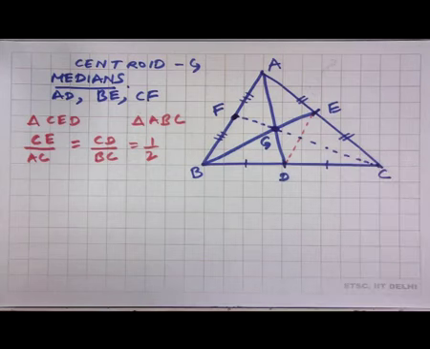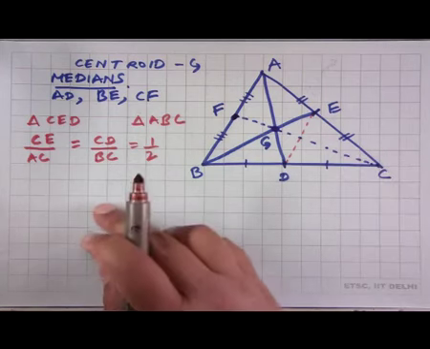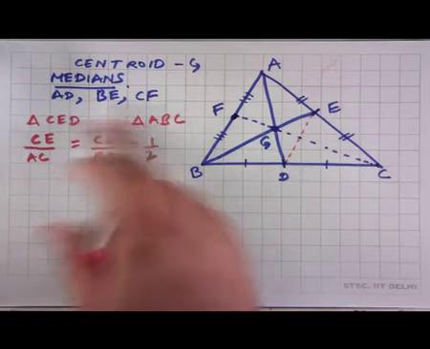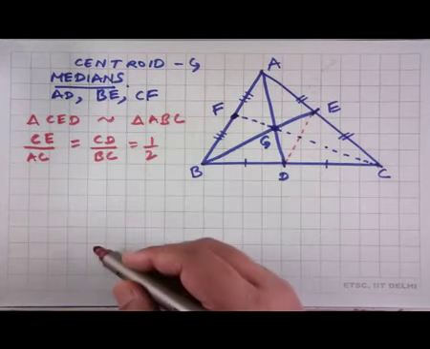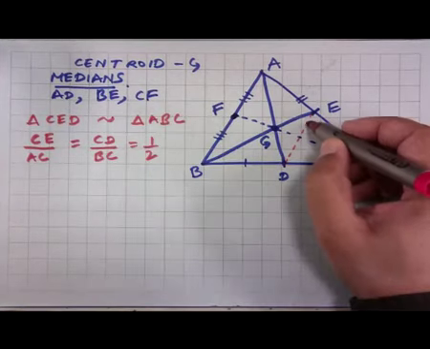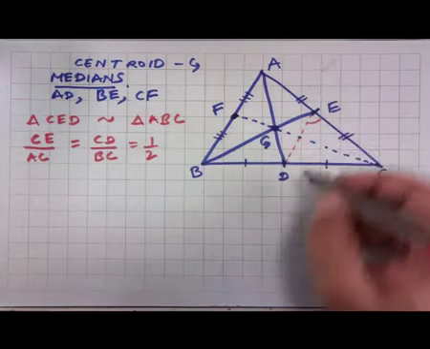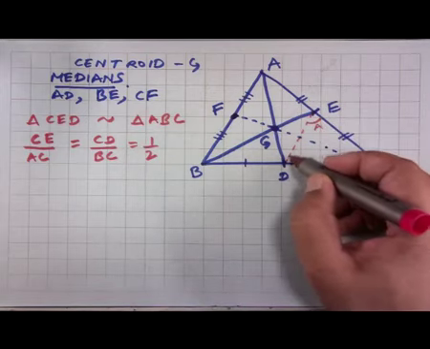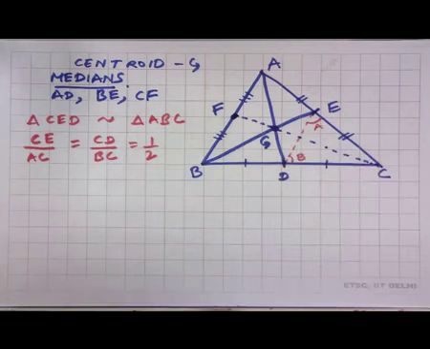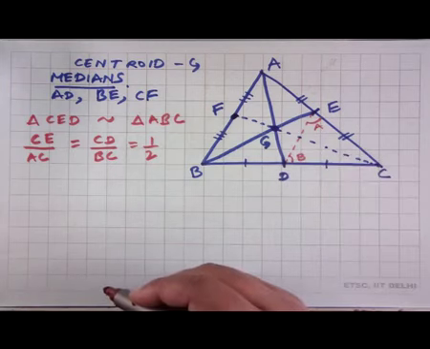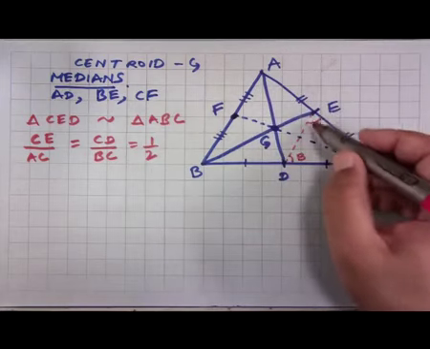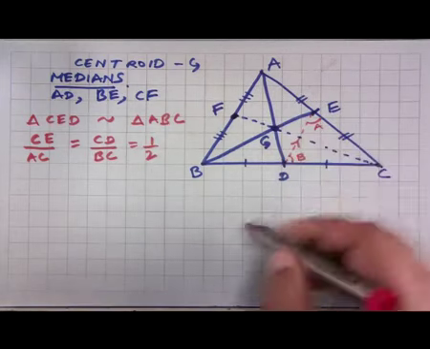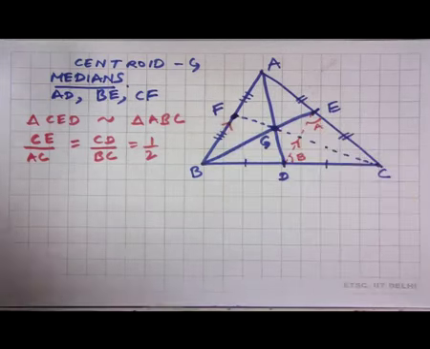So, what that shows is that these two triangles are similar, and therefore, this is nothing but equal to angle A and this is angle B, and therefore, this line segment ED is parallel to the side AB.